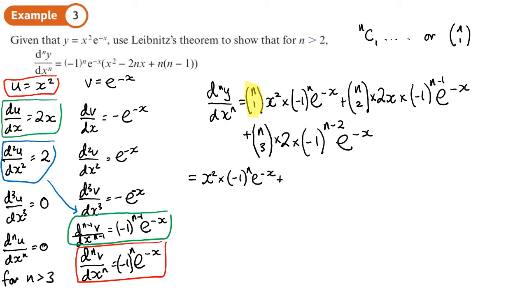Now for the next one, to help us work out nC2 and nC3, we can use what we know about the binomial expansion. Let's just put this down here.